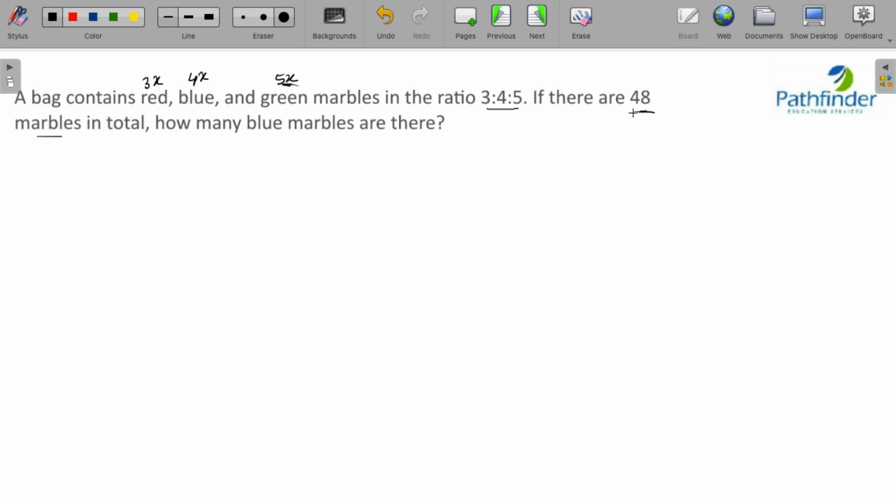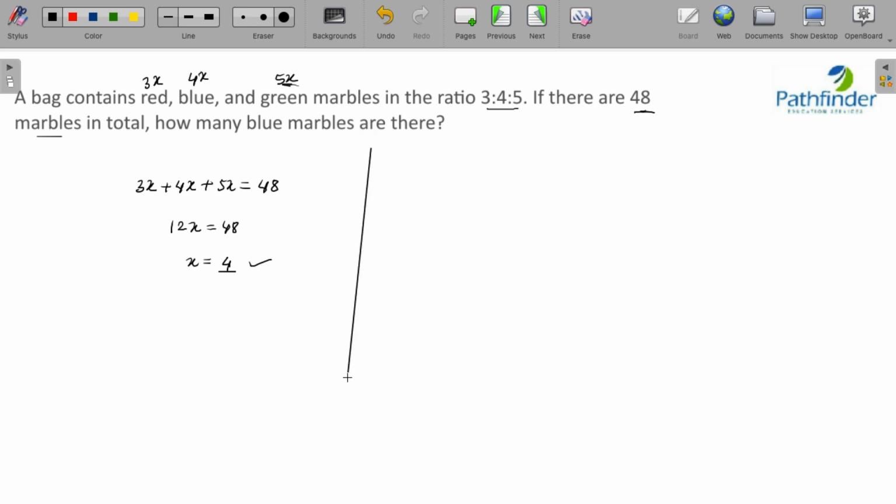And what is the total of these marbles? 48. So we can simply write down 3x plus 4x plus 5x is equal to 48. So 12x is equal to 48. So x must be equal to 4.